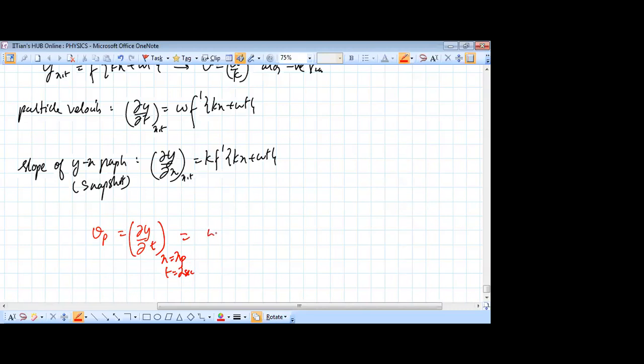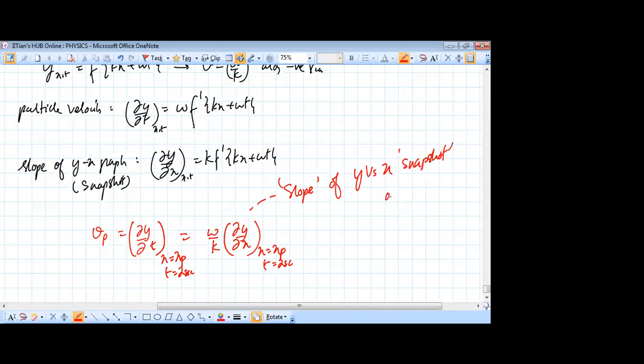So it is nothing but omega by k times del y by del x at x equal to xp at t equal to 2 seconds. And this whole term is nothing but the slope of the y versus x snapshot at the point P at the time t equal to 2 seconds.